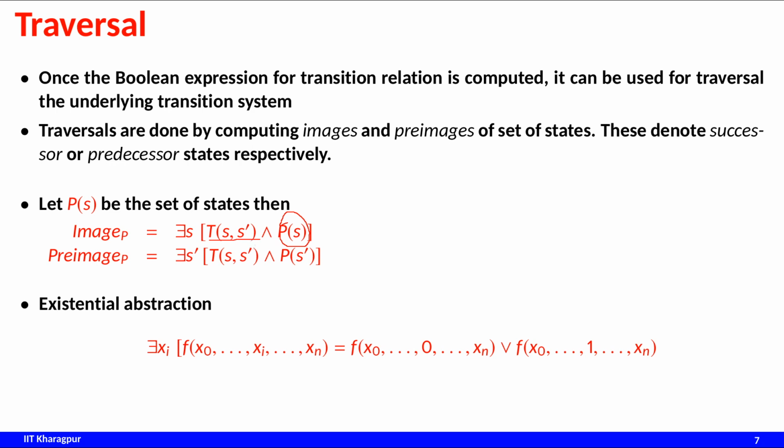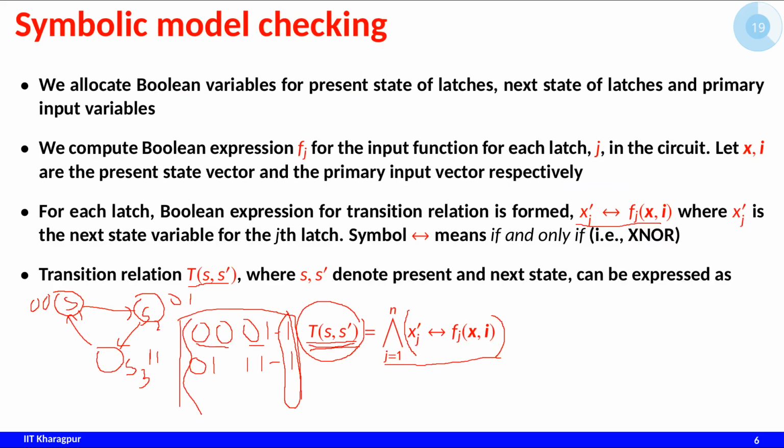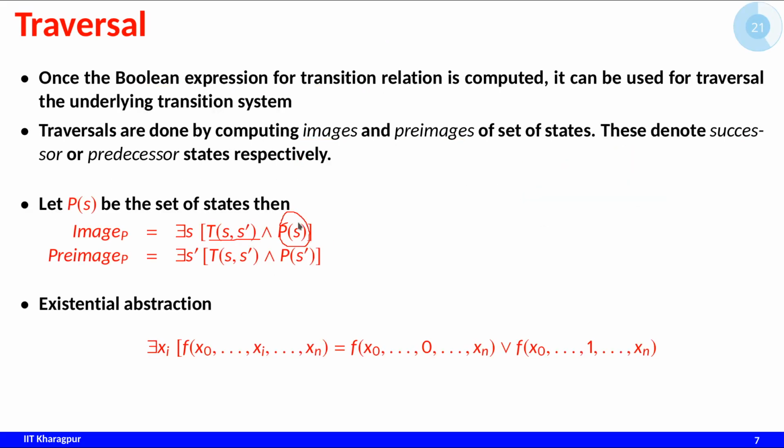So on the transition relation, I would like to choose those rows in which PS is satisfied, that is, those rows in which PS is true. This will give me only those entries on the transition relation where PS is true.